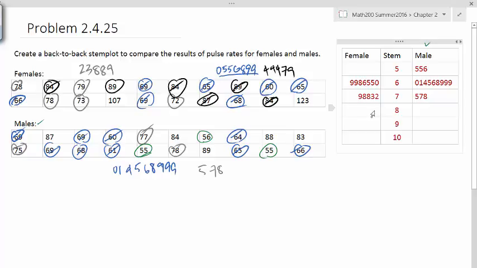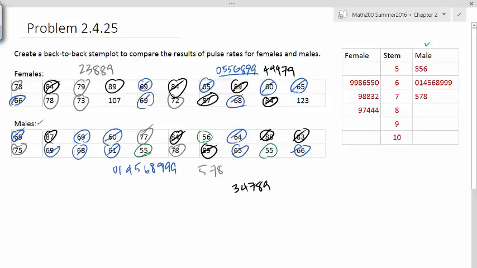In reverse order, that would be a 9, 7, 4, 4, 4. Now the men's side, in the 80s: 87, 84, 88, 83, 89. So the smallest number is a 3, and then there's a 4, and then a 7, 8, 9. And that's it for the men's.